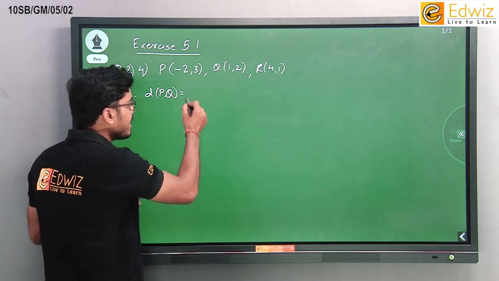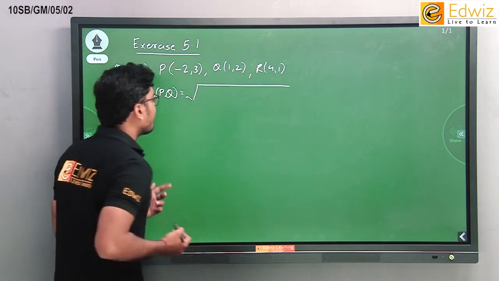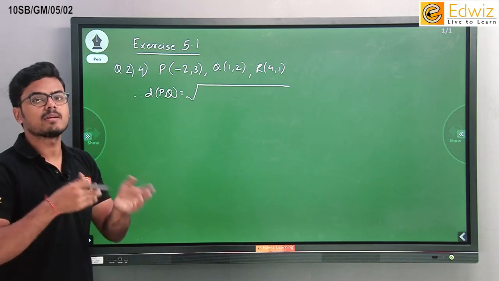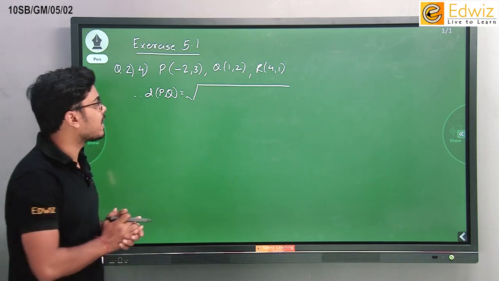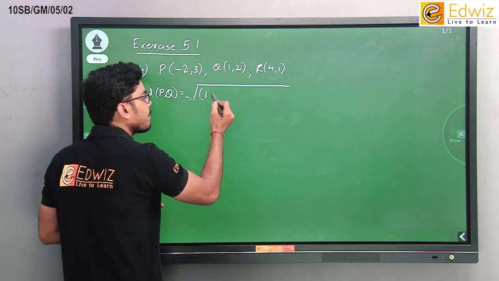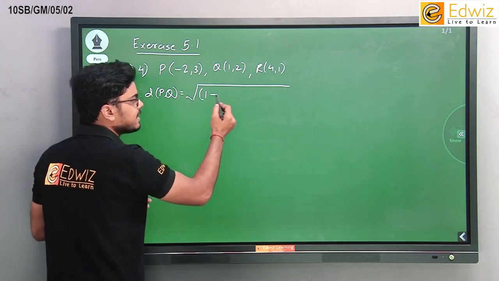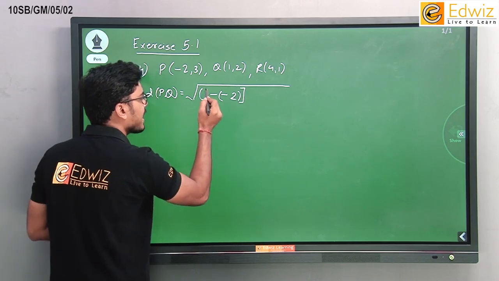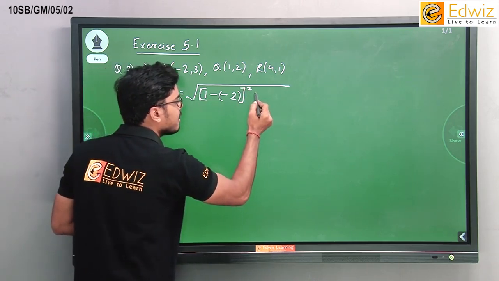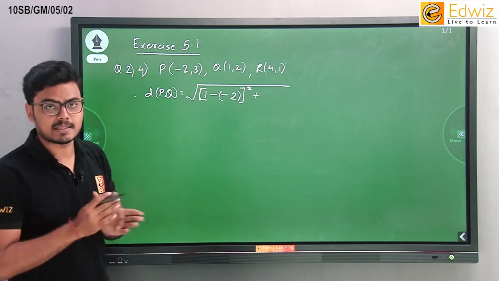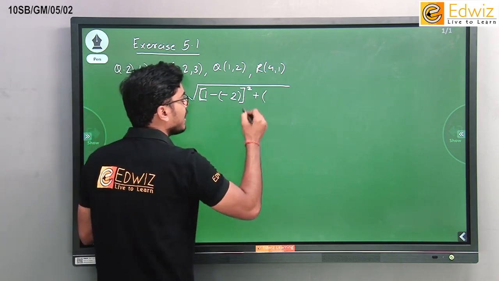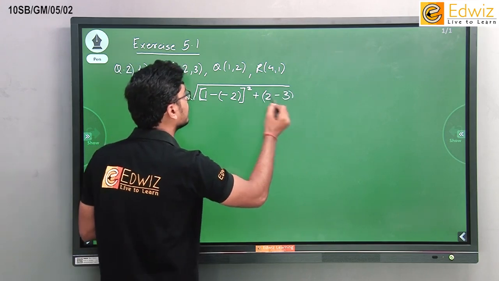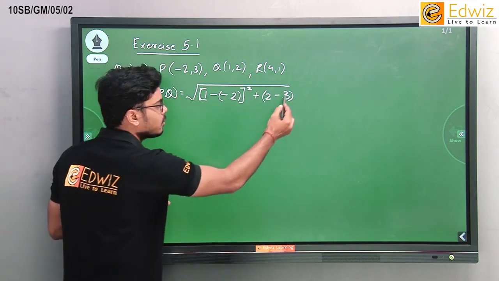So distance between P and Q is equal to square root of, for P and Q, x2 is 1, x1 is minus 2, or you can go the other way around also, anything you can take. So 1 minus, there is one more minus sign here, so minus 2, the whole square, this is x2 minus x1, plus 2 minus 3, this is y2, this is y1, the whole square.